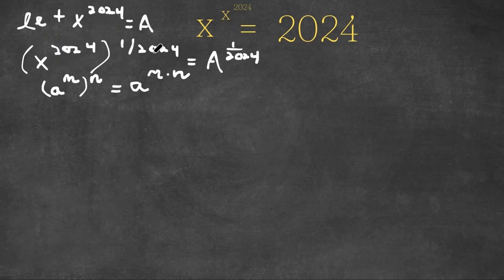Well, 2024 times 1 over 2024, these two simply cancel out, and it's simply just 1. So we have x to the power of 1, which is the same thing as x, is equal to a to the power of 1 over 2024.